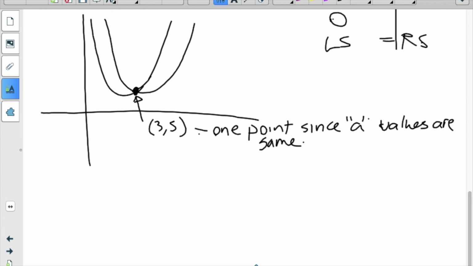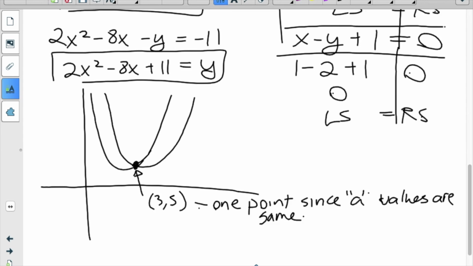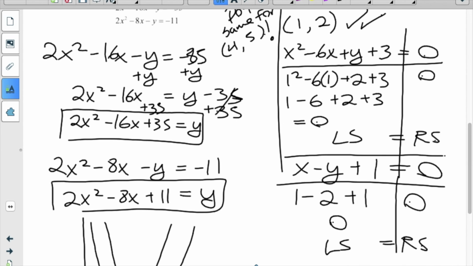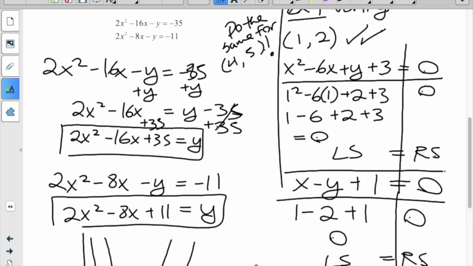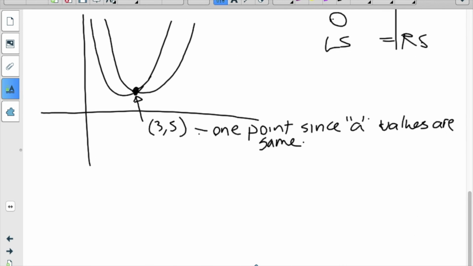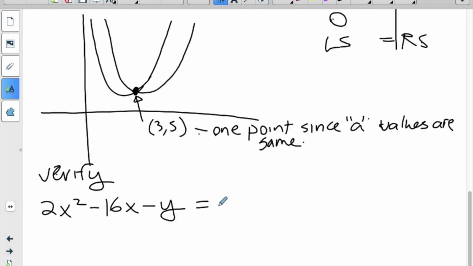So the original equations were, okay, 2x squared minus 16x minus y equals negative 35, right?